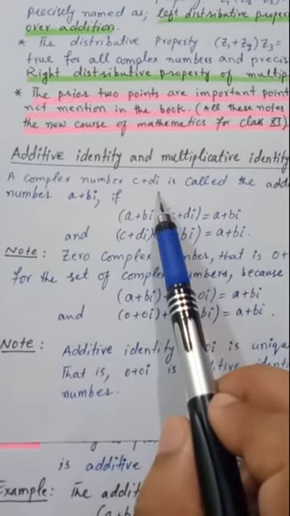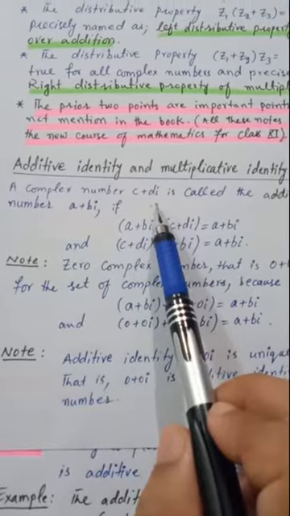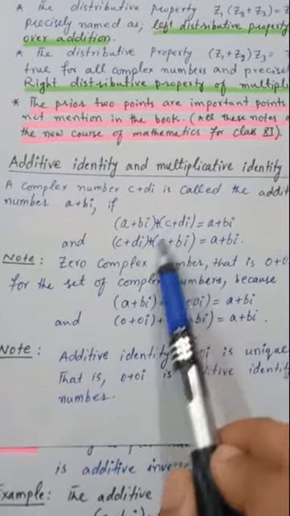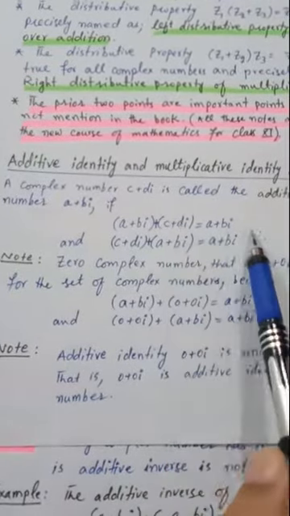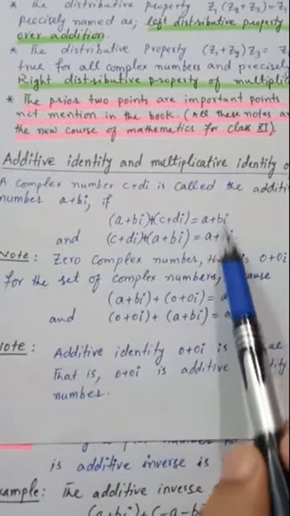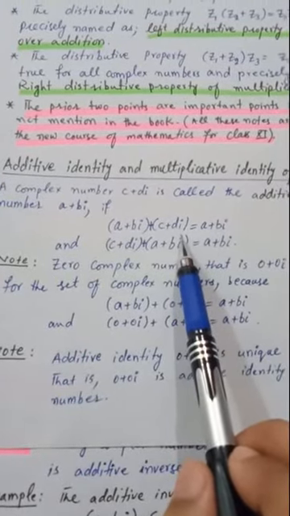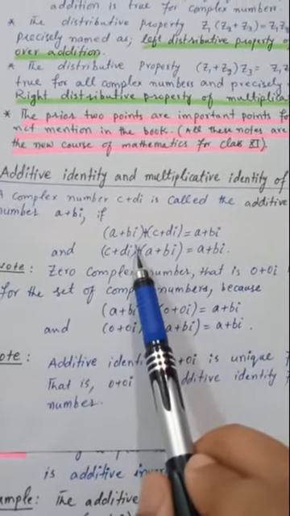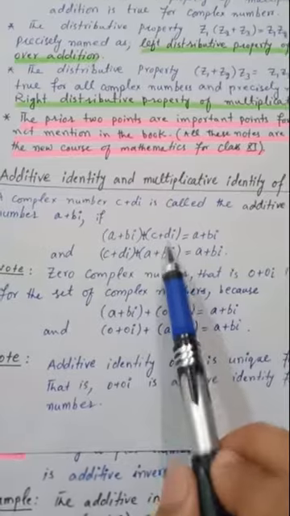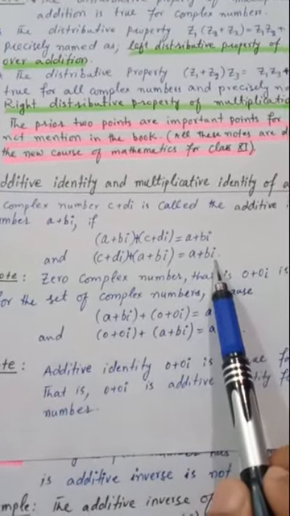Then if you add this c plus d iota to the left of the complex number or to the right of the complex number, the original form of the complex number will not be changed, because this c plus d iota is the additive identity. So when you add the additive identity to any complex number from left or from right, the form of that complex number will not be changed.